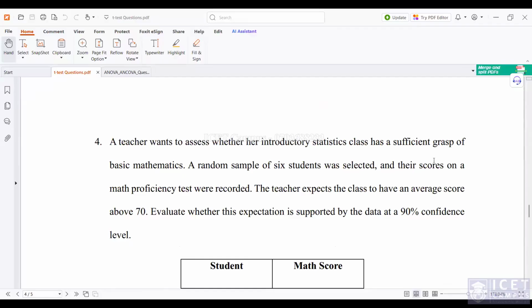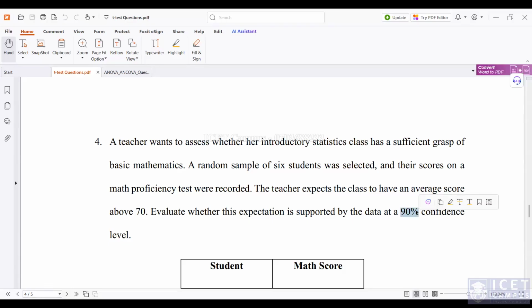A random sample of 6 students were selected, and their scores on a math proficiency test were recorded. The teacher expects the class to have an average score above 70. Evaluate whether this expectation is supported by the data at 90% confidence.